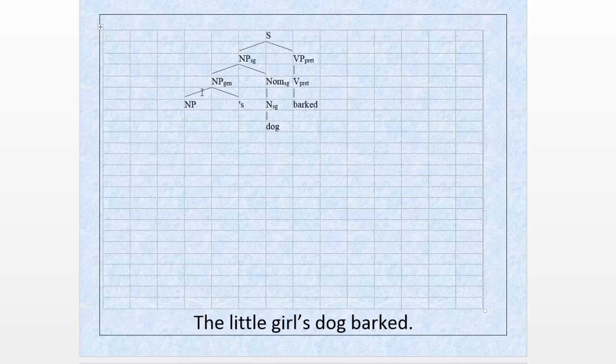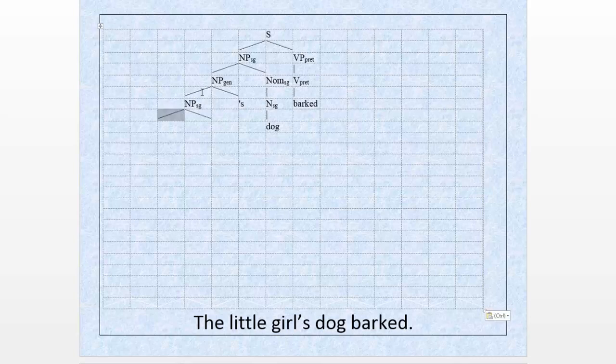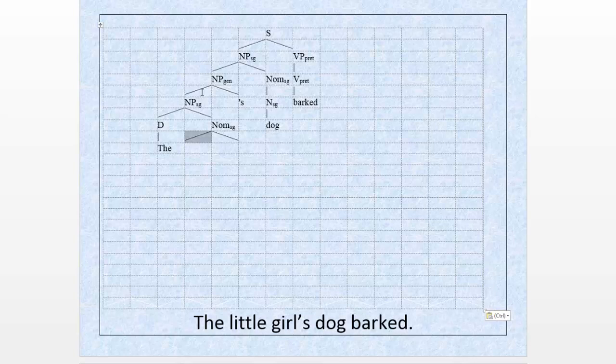Her dog barked. The little girl, that's also going to be singular. Then within it, it has its own determiner, which is the determinative the, and then it's going to consist of the adjective little and the noun girl.